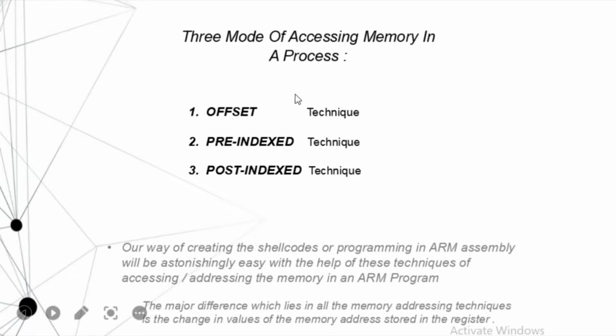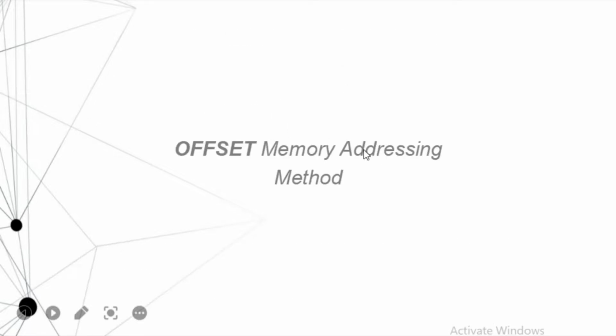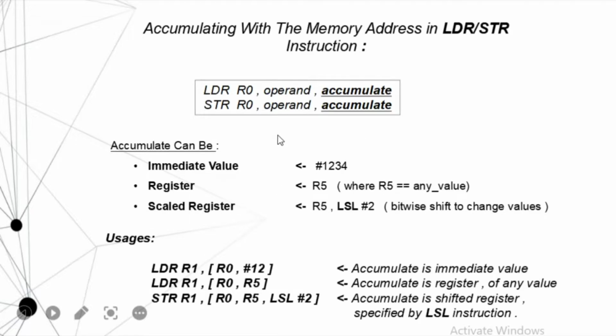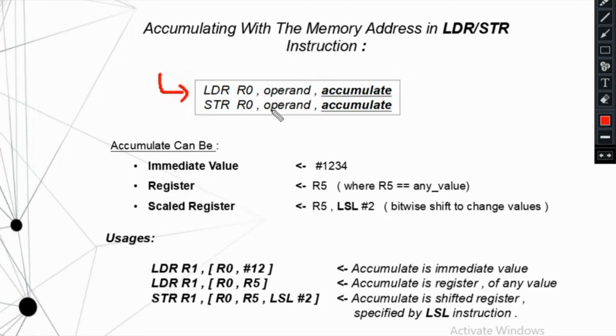In this one we are going to talk about the offset memory addressing method, what it is and how we can identify this type of addressing. If you remember the slide we used in the previous video, then you are familiar with it. What we are doing is loading the register R0 with an operand register which is storing the memory address, with respect to the value of accumulate.